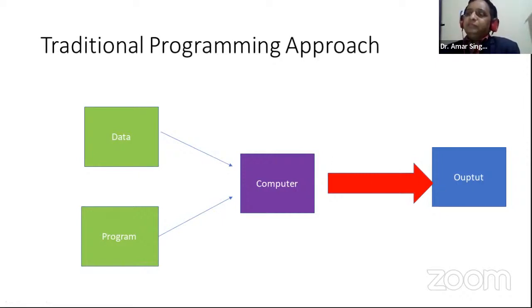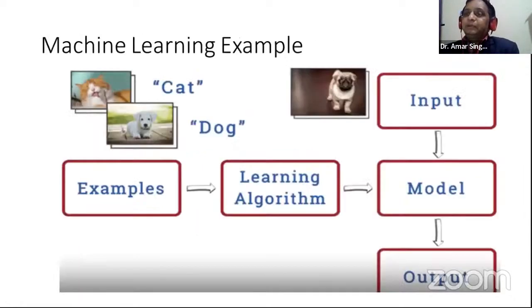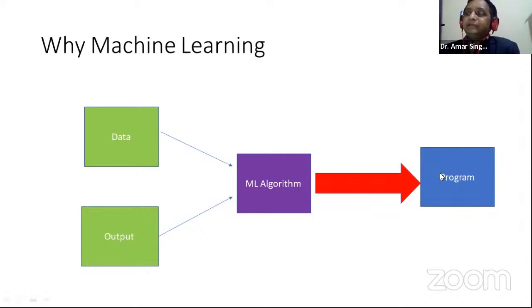Okay, and what is machine learning? In machine learning, we give the data and outputs to the machine learning algorithm, and that algorithm can automatically write the code for us. You can look at the previous example. We are giving the data and output. The data are these images, and the outputs are the names of these images. The data and output are given to the machine learning algorithm, and that algorithm can write the code automatically for us.